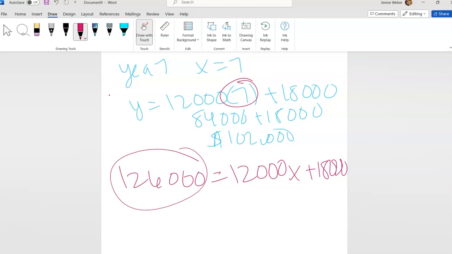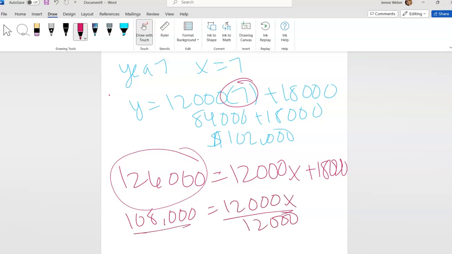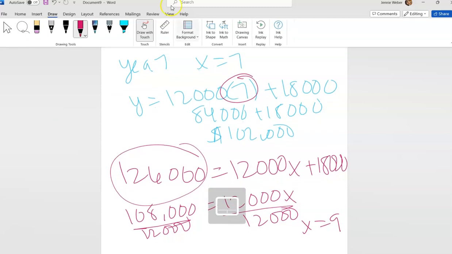I'm going to take this 126,000 and subtract 18,000, and I get 108,000 equals 12,000 x. Then I have to divide by 12,000, and I get x equals 9. So at the end of the 9th year, they should be making 126,000. So hopefully this helps you set this up.